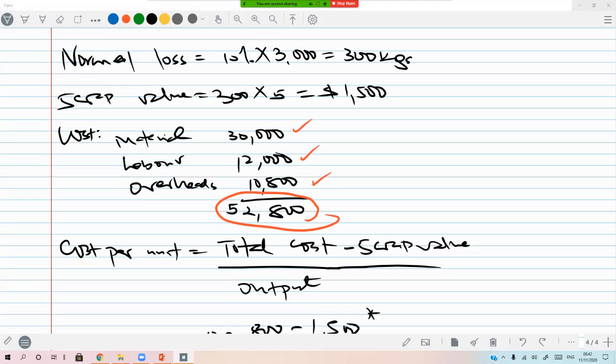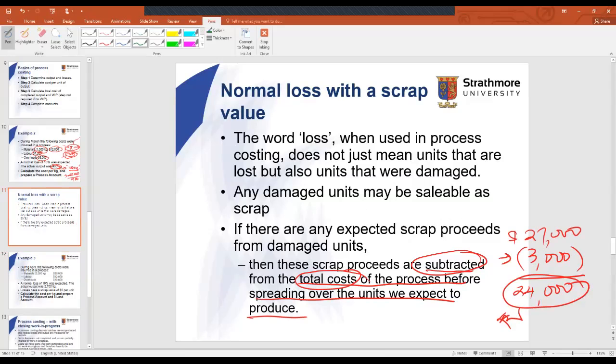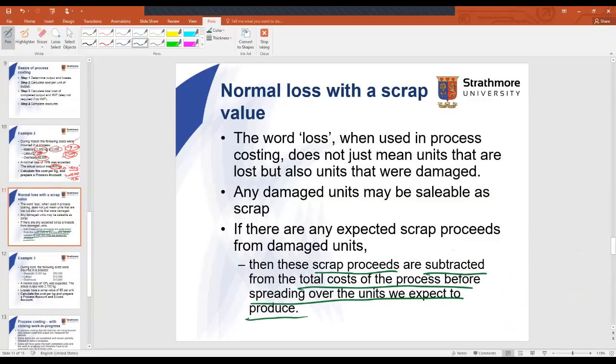Let me take you back. We have seen this point here: in case there's some amount to be received, if there's some sale proceeds from the normal loss items, then we are going to be subtracting it from the total cost of the process before we spread over the units among the outputs.